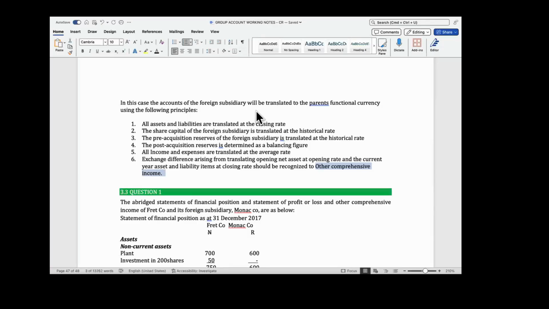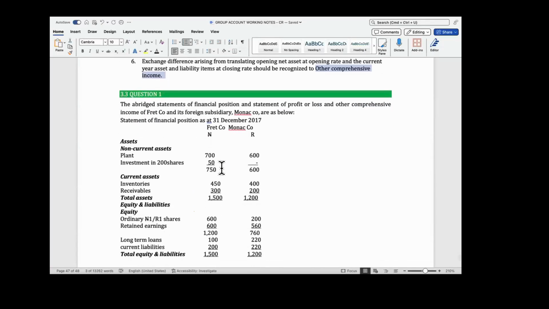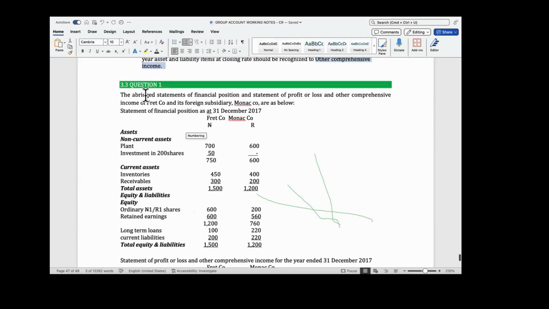So let's look at a few questions to practicalize all of this. If you look at this company, they give us the abridged statement of financial position and statement of profit or loss and other comprehensive income of Fredco and its foreign subsidiary Monaco as below.